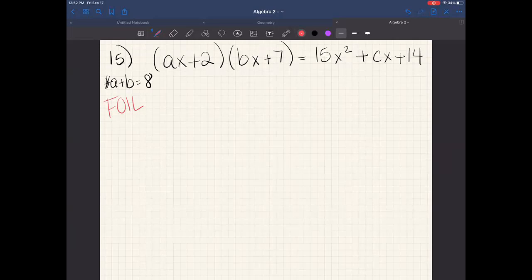Everyone's frozen. Okay, do you remember what FOIL stands for? First, outside, inside, and last. Use FOIL when you have two binomials.